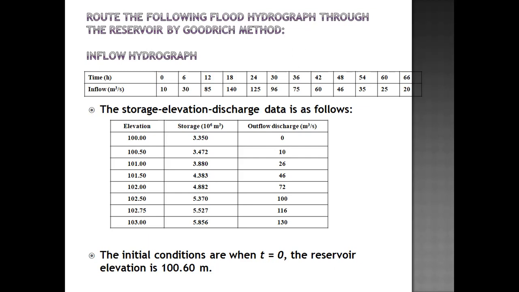Elevation 100.50, storage 3.472, outflow discharge 10. Then 101, 3.880, 26; 101.50, 4.383, 46; 102, 4.882, 72; 102.50, 5.370, 100; 102.75, 5.527, 116; 103, 5.856, and 130. The elevation increases by half a meter.